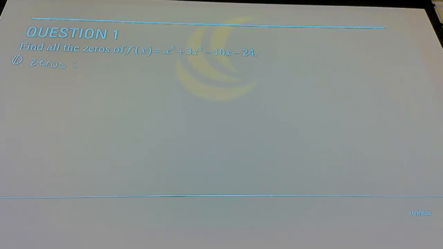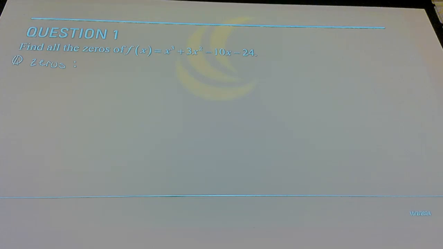What else? You missed the obvious ones. 1 and 24. 1, 2, 3, 4, 6, 8, 12, and 24. That's actually only half of them. They're negatives as well. Which is why I said ignore the negative 24.